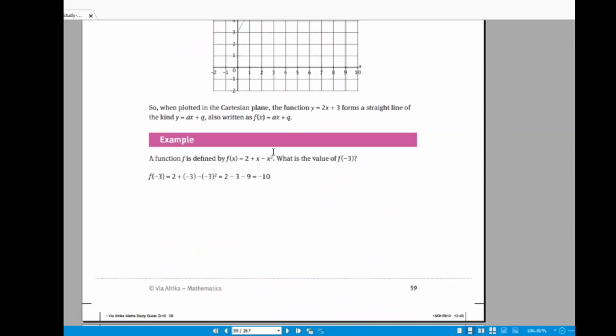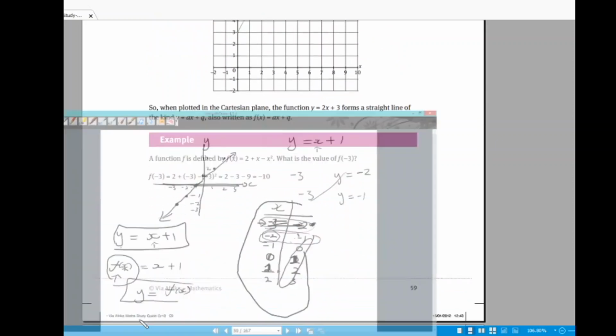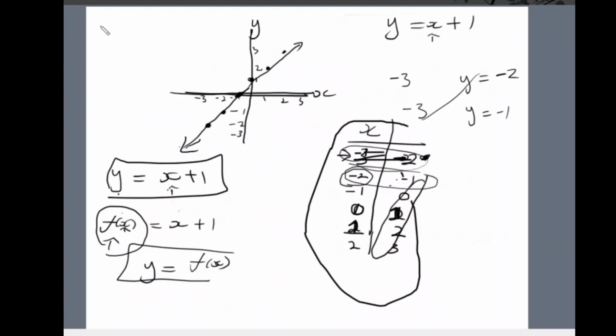Okay, so we know with a function, a straight line is in the form y equals ax plus q, or we will just use this form y equals mx plus c. They are the same thing, just with different letters.